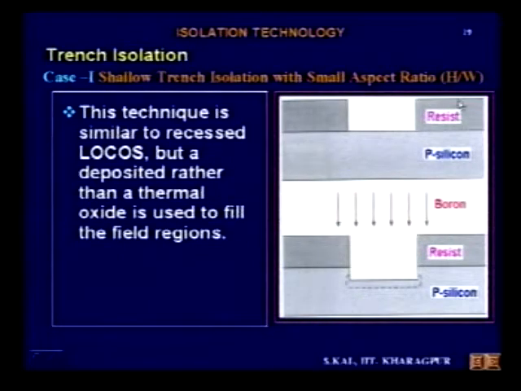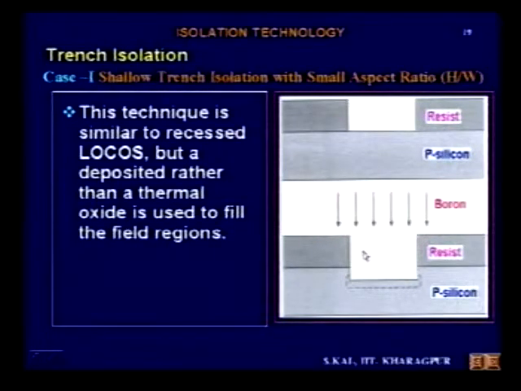Here also, photoresist, the p-type silicon, you recess it, it means etch a little bit of silicon here, and after etching and removal of the silicon, you use the field implantation, the boron field implantation. After the field implant is over, then fill the trench with oxide.